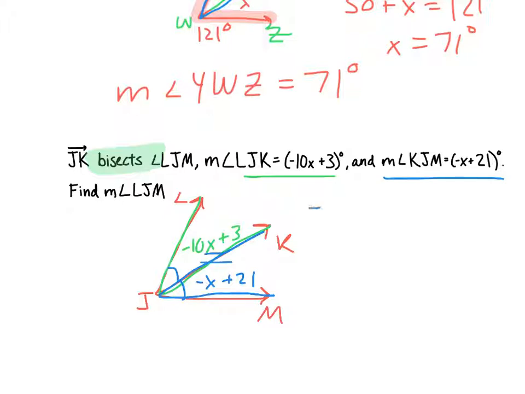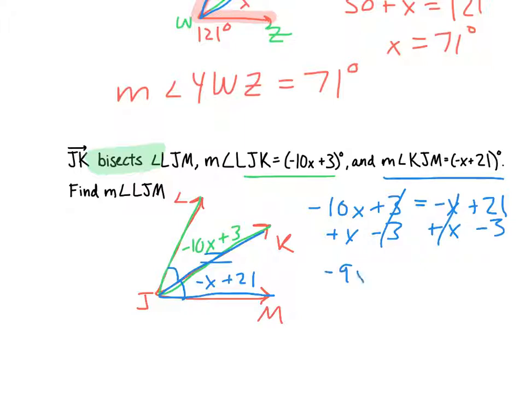So we would have negative 10x plus 3 is equal to negative x plus 21. So now we solve for x. We have negative 9x is equal to 18. So x is equal to negative 2.